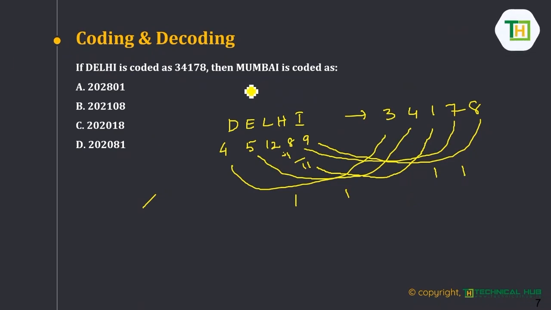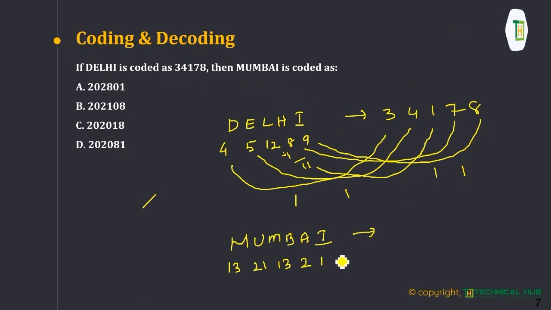So write down the word Mumbai. With respect to numbers, M is 13, U is 21, M is 13, B is 2, A is 1, and I is 9. For double digits, subtract 1, and after that take the unit digit.